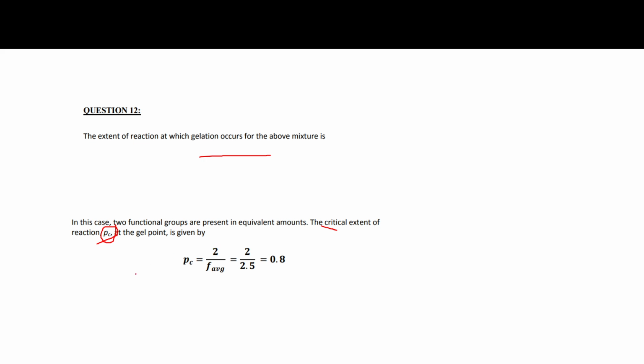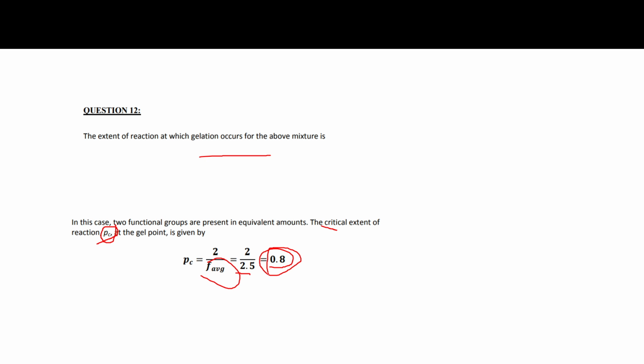So for the relation between the critical extent of reaction and average functionality, Pc equals 2 divided by F average. F average we already know is 2.5 for this glycerol and succinic anhydride. So we can put 2.5 directly here, so that gives 0.8. So it suggests that after 80% conversion, your polymers are not controllable.